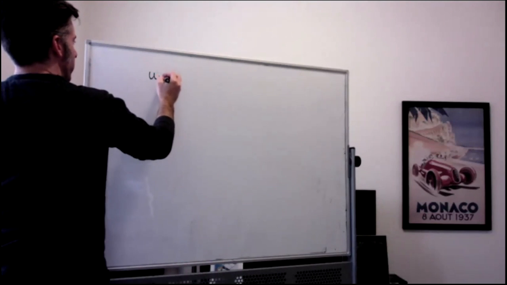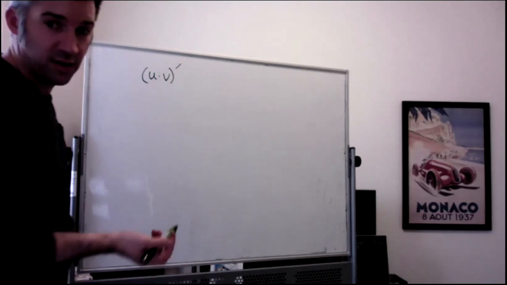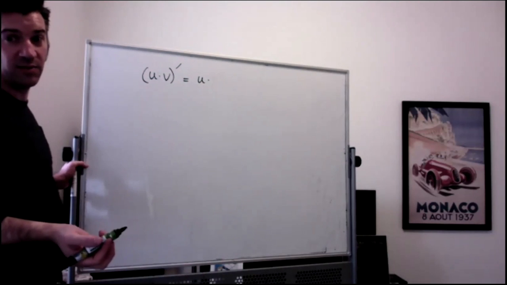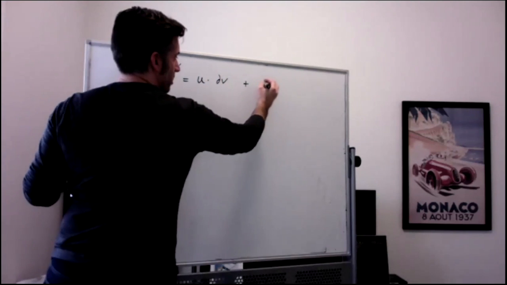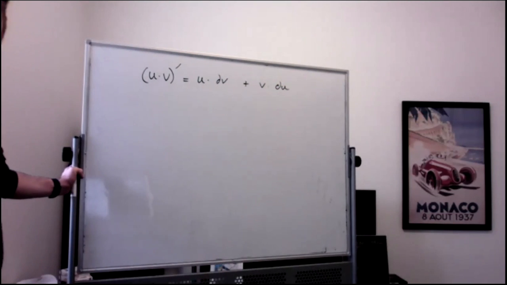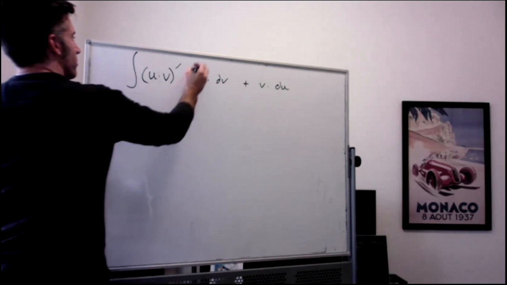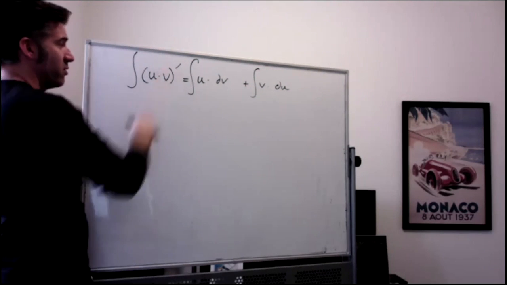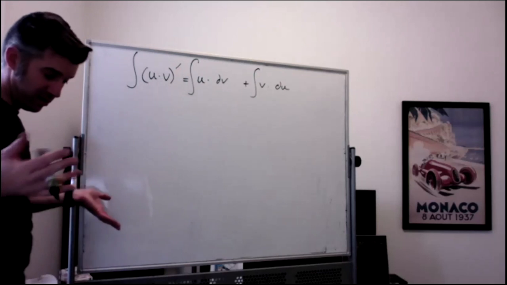So if I take the derivative of functions u and v, I should say the derivative of the product u times v, the derivative is u times the derivative of v, which I'm going to write as dv, plus v times the derivative of u, which I'm going to write as du. Now we're going to integrate both sides. The integral of the derivative, the whole fundamental theorem of calculus, right?